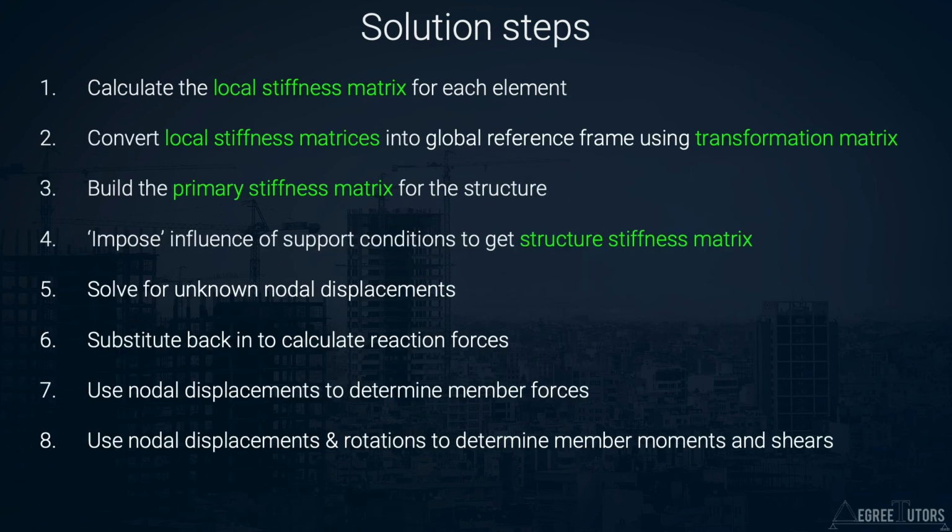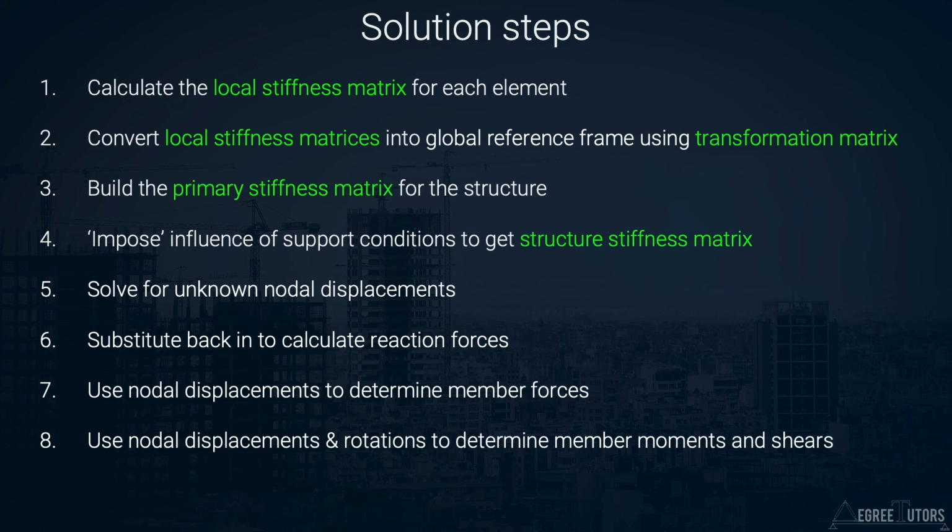So to summarize then, the process is relatively simple. We calculate the local stiffness matrix for each element. We take that local stiffness matrix for each element and we convert it into a global reference frame, and we use our transformation matrix to do that. We can then build a primary stiffness matrix because all of our element stiffness matrices are in one common global reference frame.